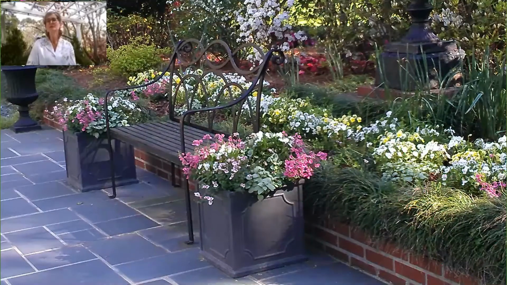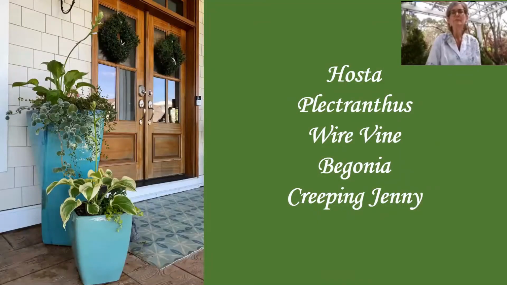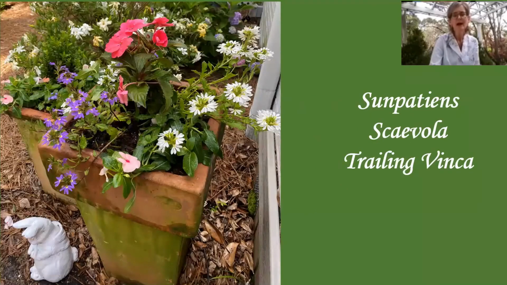Here's a little area where I clustered planters together to create a little seating area that pulls it out of the main garden, a little parking area for somebody's front yard. And here's a cluster at somebody's front door, just a nice little greeting.